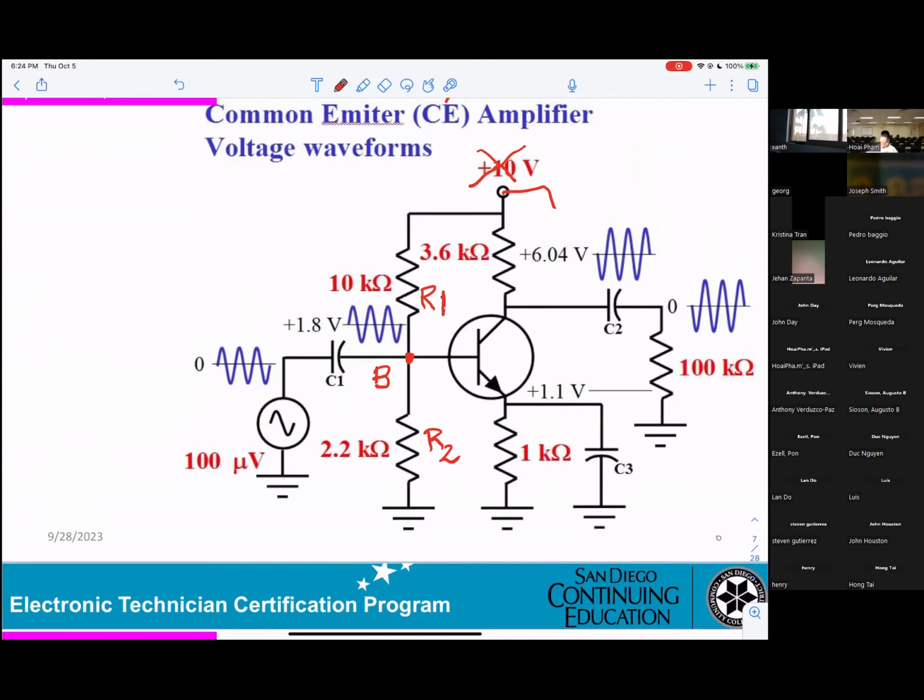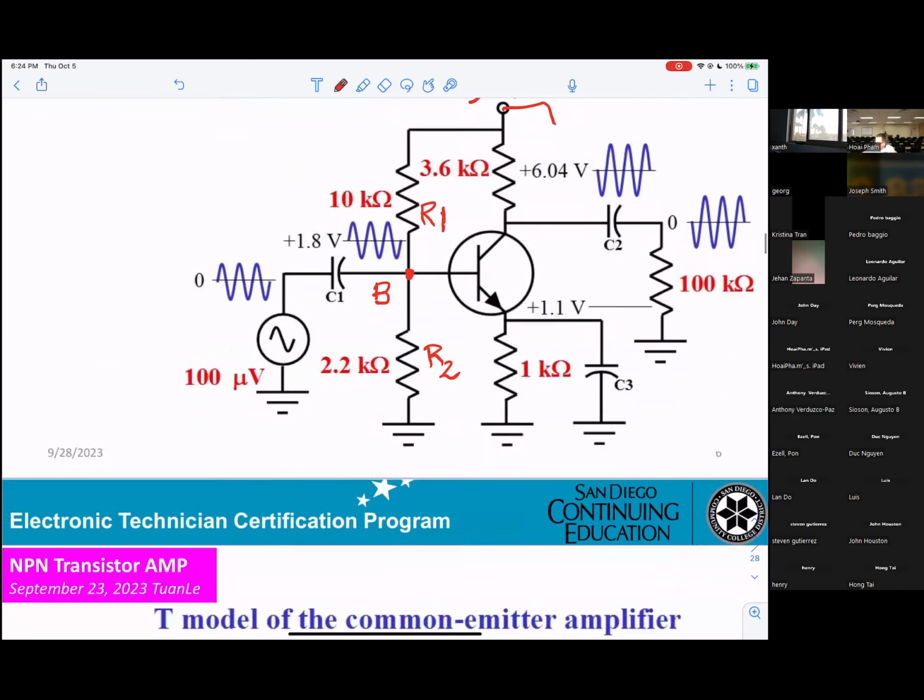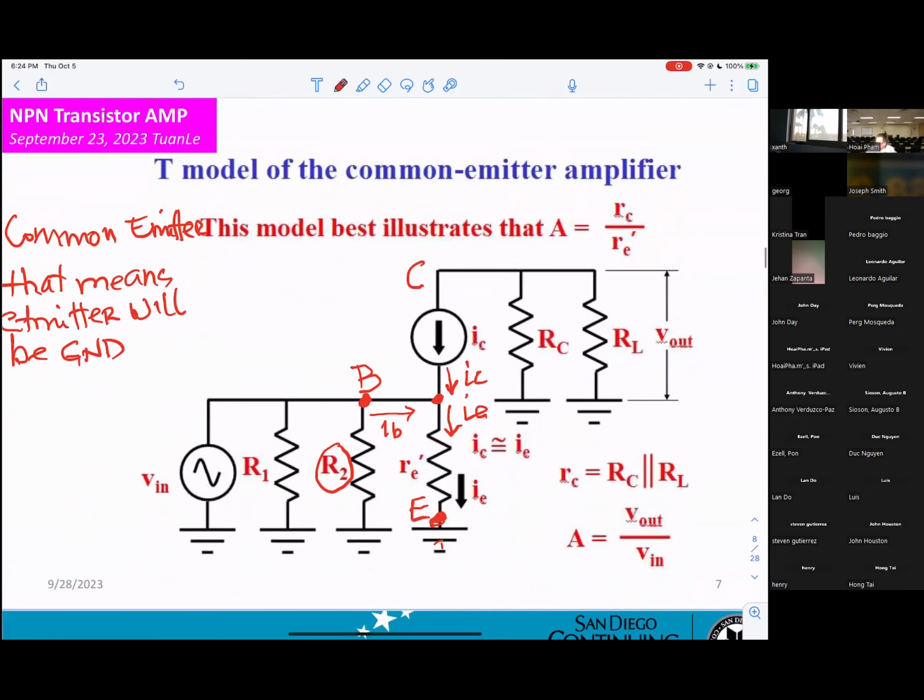The other side connects to 10 volt. What's the 10 volt in here? Connected to ground.